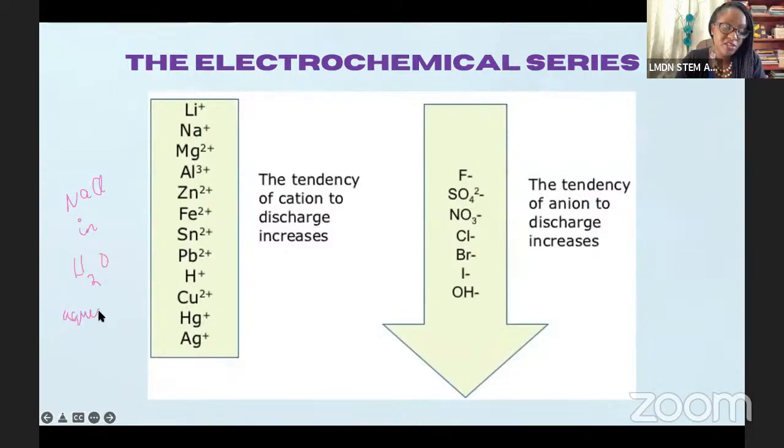That's when the mix-up comes, because as far as water goes, even though it's weakly ionized, it has its own ions that are going to come from it, right? So from a cation standpoint, we're going to have H+ from the water, and from an anion standpoint, we're going to have OH-.